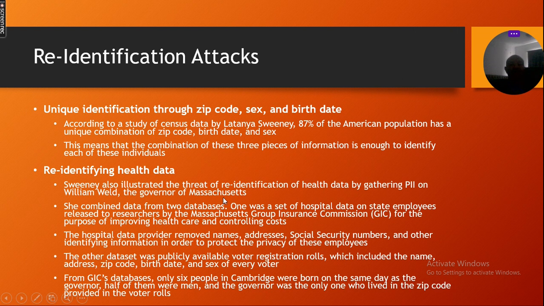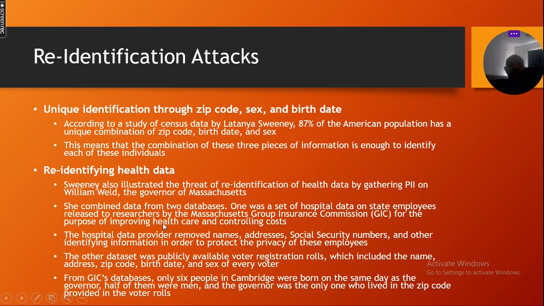This is where you have Harvard University. So it's an elite environment. They found out that if you have access to people's zip code, their sex, whether the person is male or female, and their birth date, even if these data were encrypted or de-identified, you will be able to find the owners of this information.